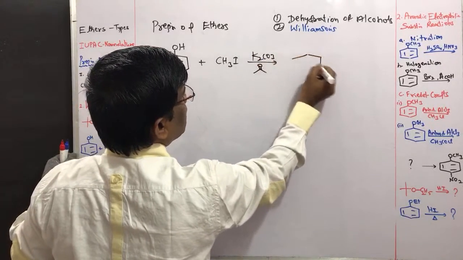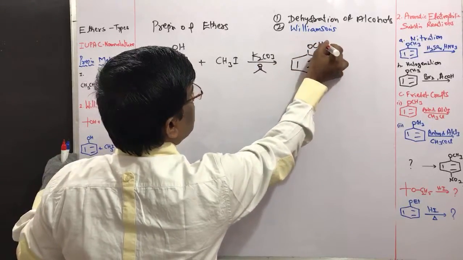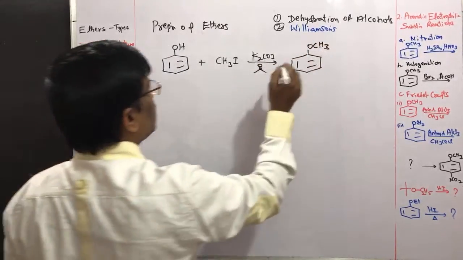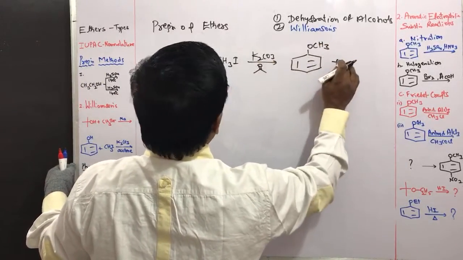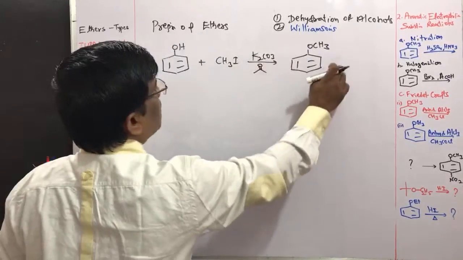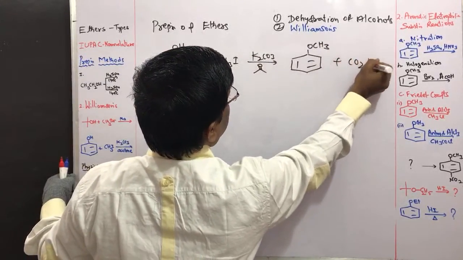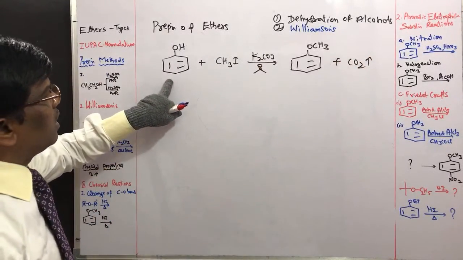I am going to get methoxybenzene. This is one of the usual methods for the preparation of anisole, plus this potassium carbonate is going out as carbon dioxide. Yes, right. So what is left over?